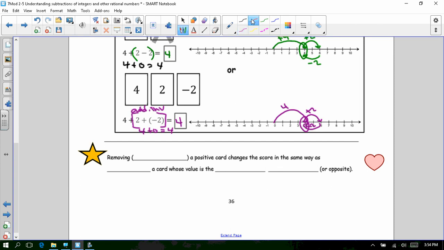So removing or subtracting a positive card changes the score the same way as adding a card whose value is the additive inverse.